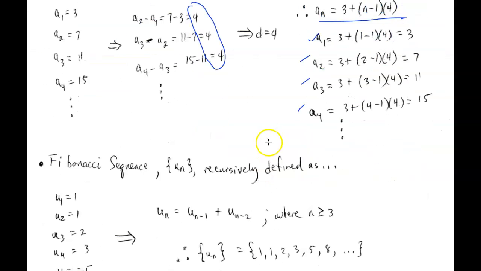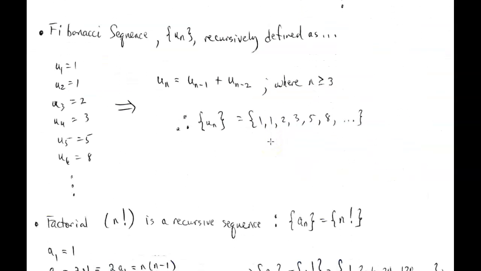All right, so let's go ahead and move forward here. So the Fibonacci sequence is another popular one, and it is recursive because the first two numbers are both just 1, and really the Fibonacci sequence is after we define those first two numbers, we just add those first two numbers together.